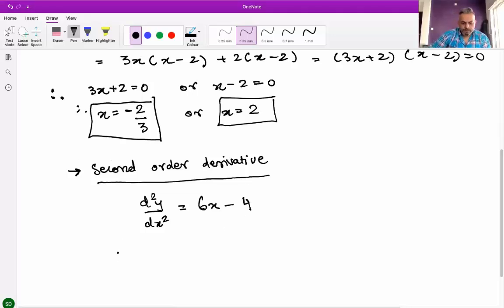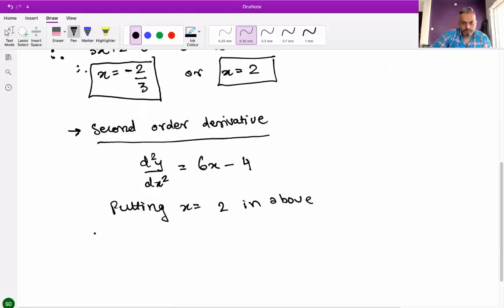Now, we take putting x is equal to 2 in the above. We get 6 into 2 minus 4, 12 minus 4, which is equal to 8, which is greater than 0.